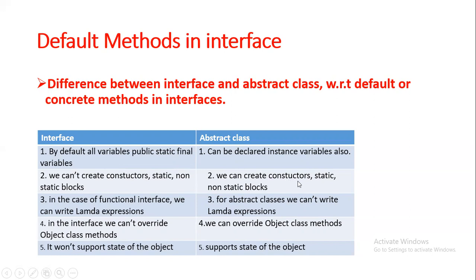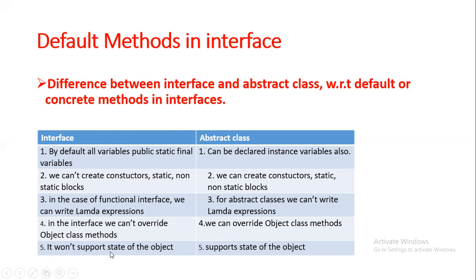For a functional interface, we can write lambda expressions, but for an abstract class we cannot. In the interface, we cannot override Object class methods, but in abstract class we can.